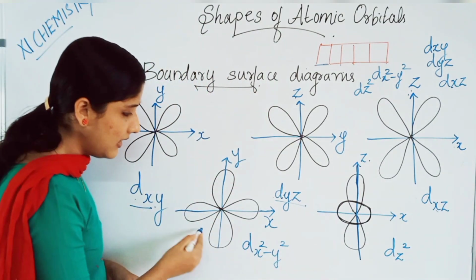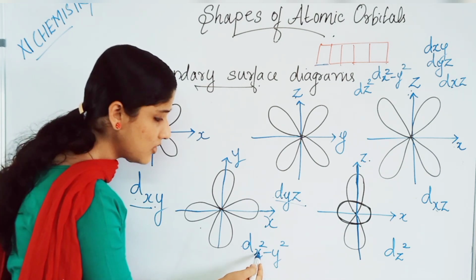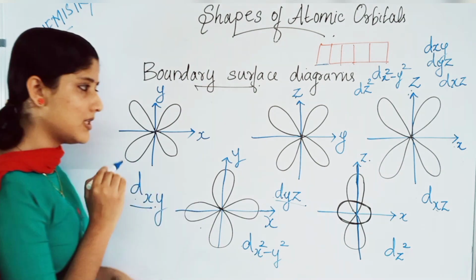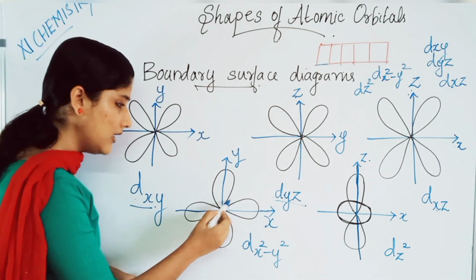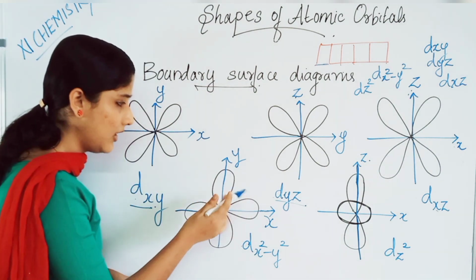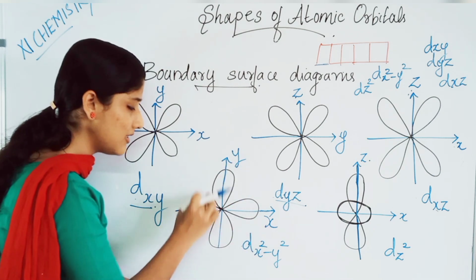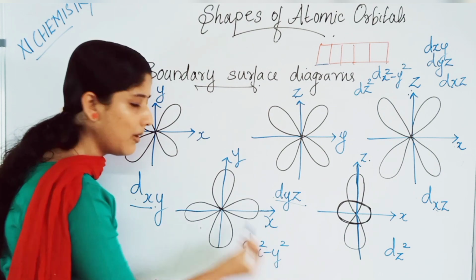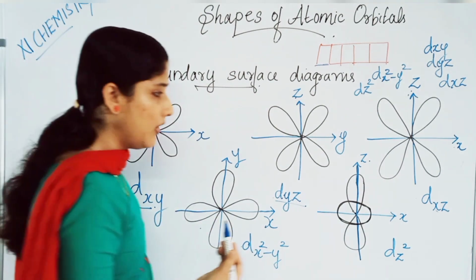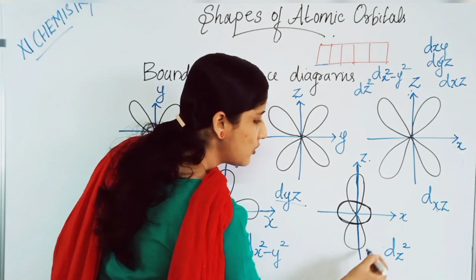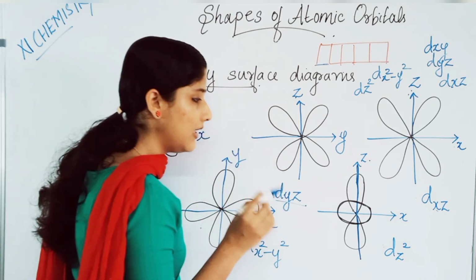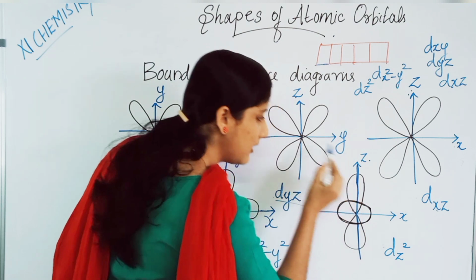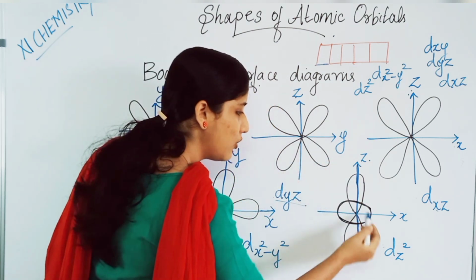And next it is dx square minus y square. In this one the lobes are on the axis, above the x and y axis, that is dx square minus y square. Next, dz square is the last, the 5th orbital. For dz square, the lobes are present on the z axis and also in between.